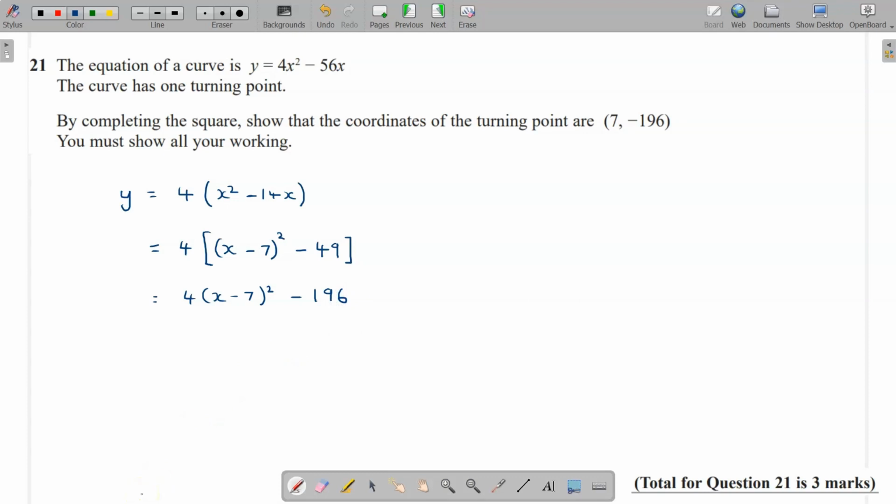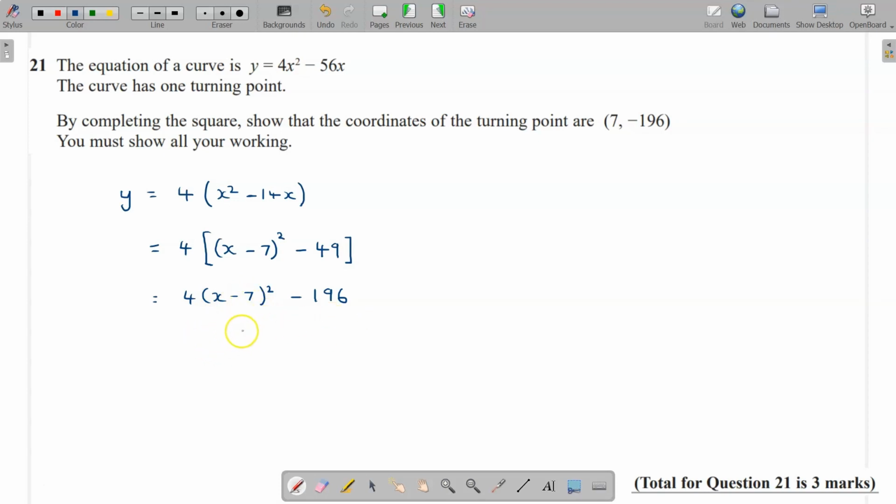Okay, now the smallest value that this bracket can be is 0, because when you square something, it's always going to be positive unless it's 0. It can never be negative. So basically, x has to be 7 to make this bracket 0.